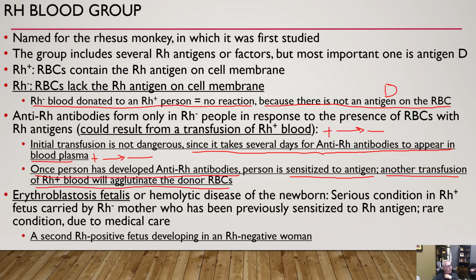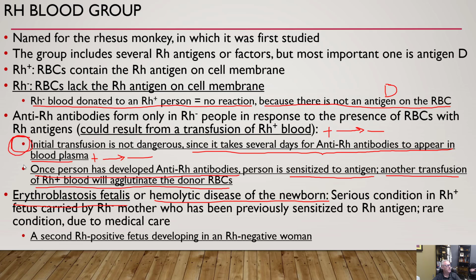Now we see this sometimes in a condition called erythroblastosis fetalis, also called hemolytic disease of the newborn. It's basically where mom is Rh negative and baby is Rh positive. So mom is Rh negative, baby 1 is Rh positive, and remember that first exposure, nothing's going to happen.